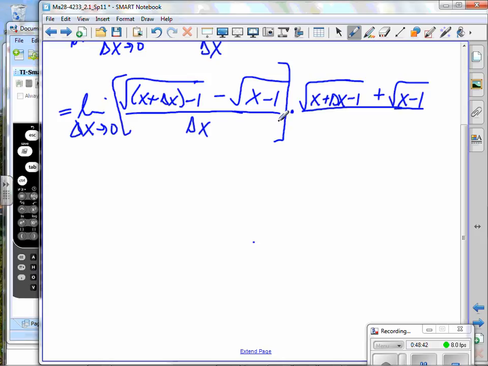Okay? It's called the multiplicative unit here. It's the only thing you can multiply and stay true. So if I'm going to multiply the numerator by this, what do I have to multiply the denominator by? Same thing, yeah. Because this fraction over here is going to have an equivalent value of 1.